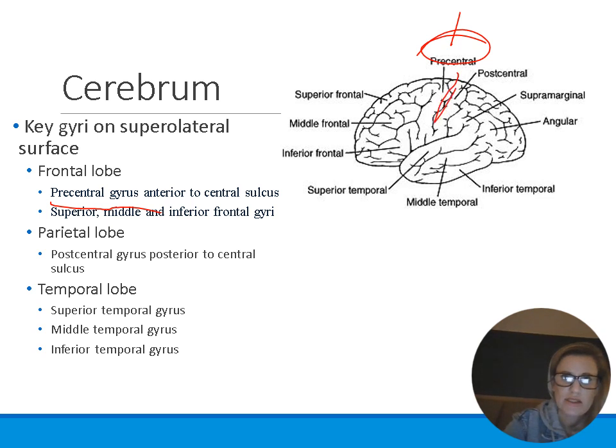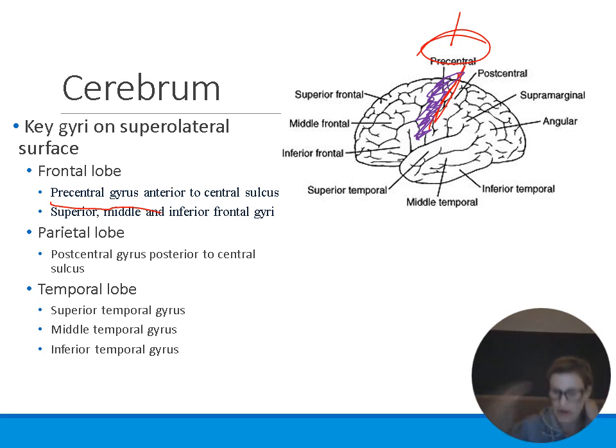So the central sulcus is this groove, and then this raised area, this actual bit of cortex right here is the precentral gyrus. That precentral gyrus is the motor cortex, the primary motor cortex. This is where all corticospinal and corticonuclear fibers begin. So the neurons that are actually sending signals down to tell our muscles to contract are located there in that precentral gyrus.